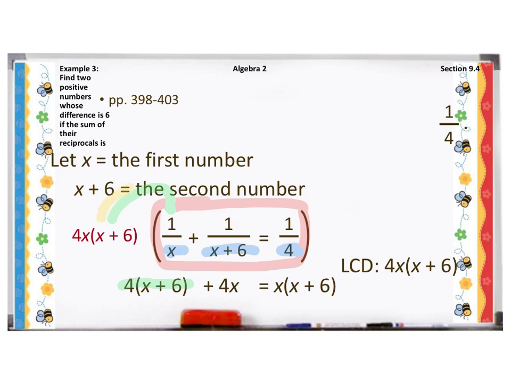When I multiply it into the second term, the x plus 6 crosses off, and I'm left with the 4x. And for the final term, when I multiply it to the 1/4, the 4 crosses off, and I'm left with x times x plus 6.